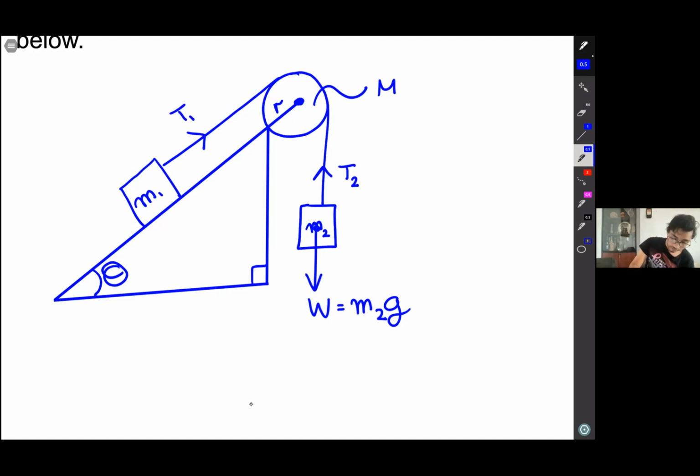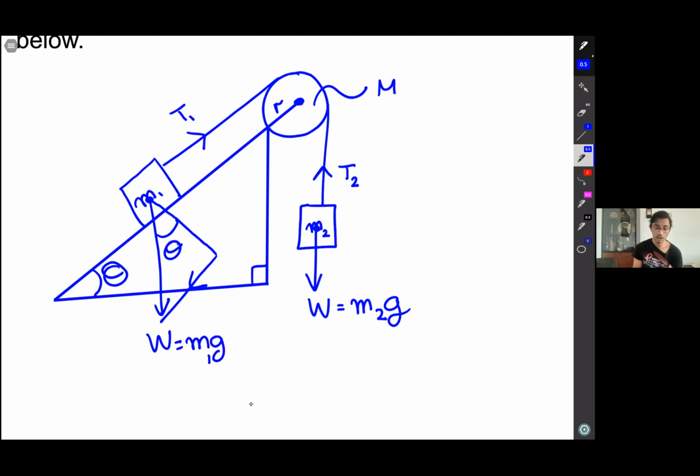Okay, the weight of gravity acts downwards on M1 like this. However, we should resolve it into its components to see how much of the gravitational force is going to act parallel to the incline. So let's draw a line over here perpendicular to the incline and one parallel to the incline. This is our angle theta. This here is the weight M1G.